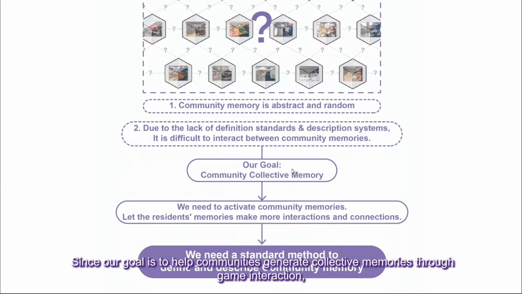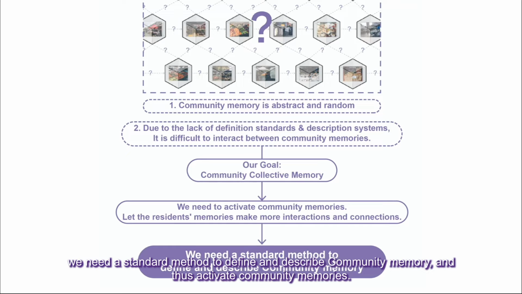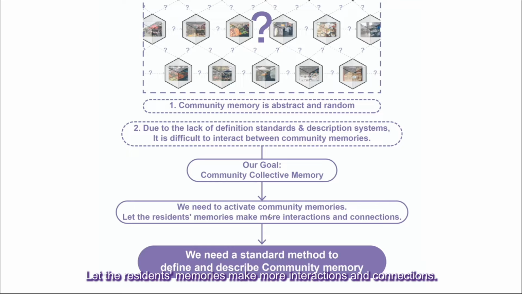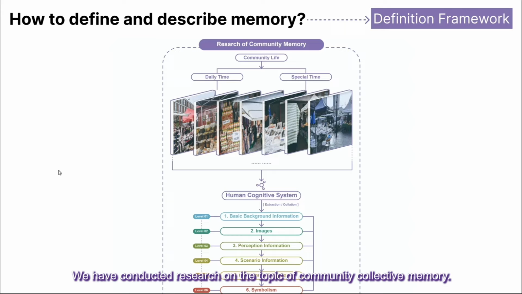Since our goal is to help communities generate collective memories through the game interaction, we need a standard method to define and describe community memory, and thus activate community memories, letting the residents' memories make more interaction and connections. We have conducted research on the topic of community collective memory.